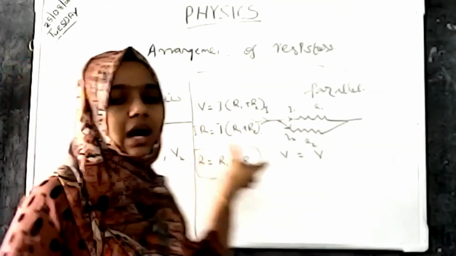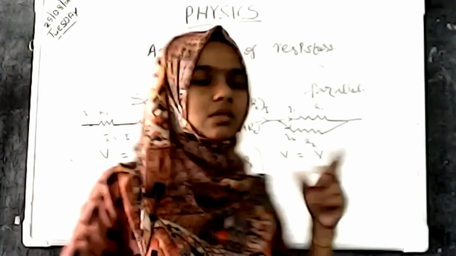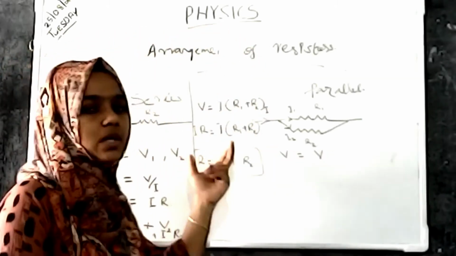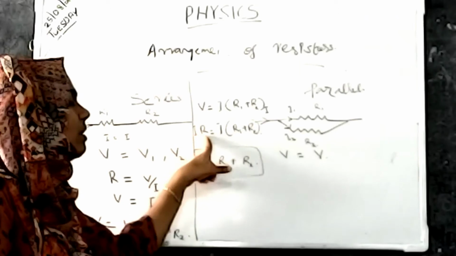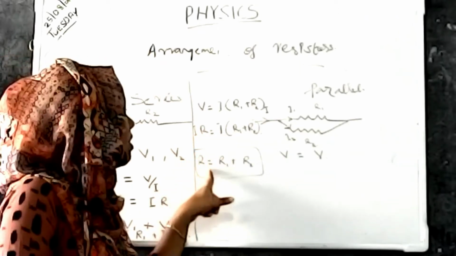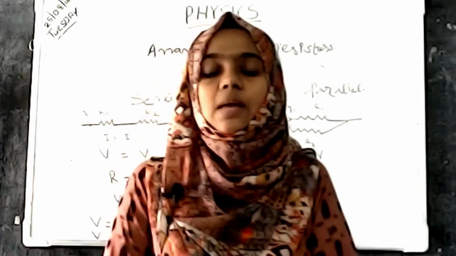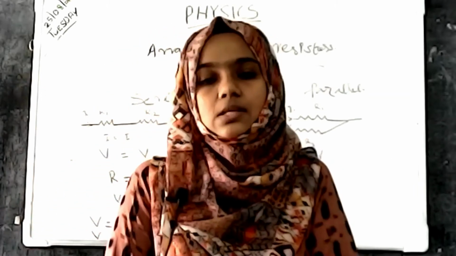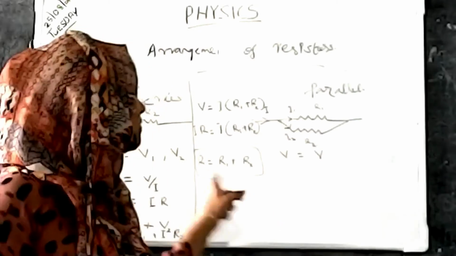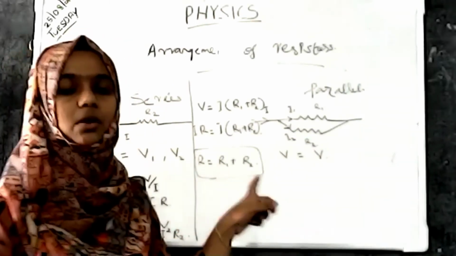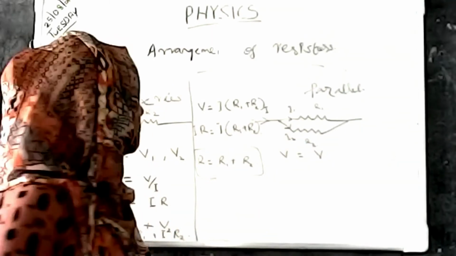From here I cancels because I is common on both sides of the equation, and finally we get R equals R1 plus R2. So this is the effective resistance, that is R equals R1 plus R2.